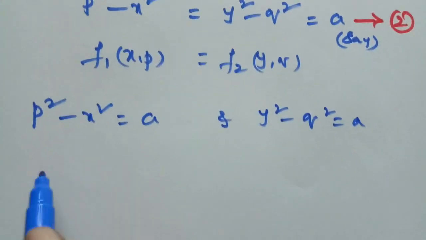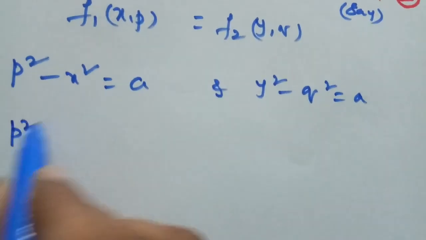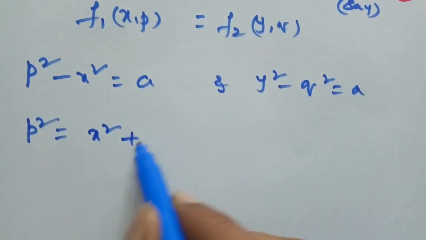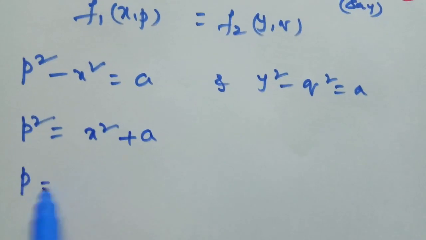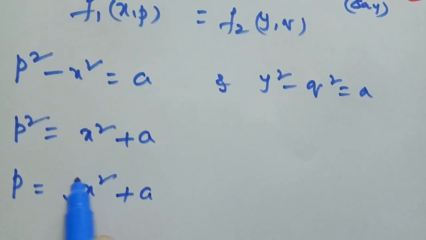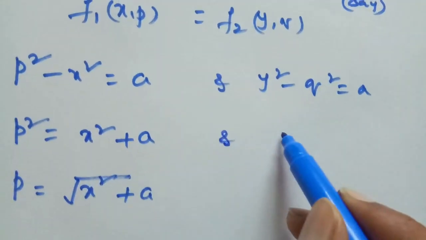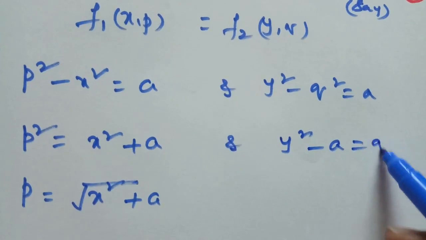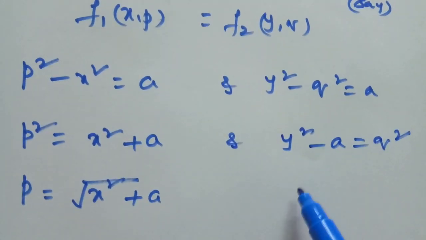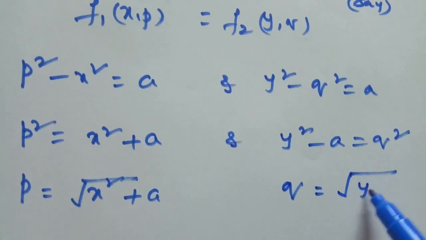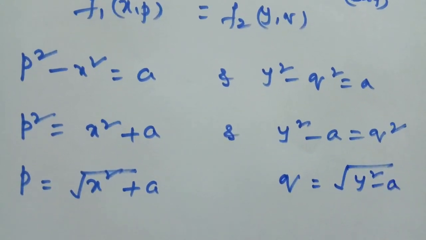Therefore, p square is equal to x square plus a. Therefore, p is equal to square root of x square plus a, and now y square minus a is equal to q square. That implies q is equal to square root of y square minus a.